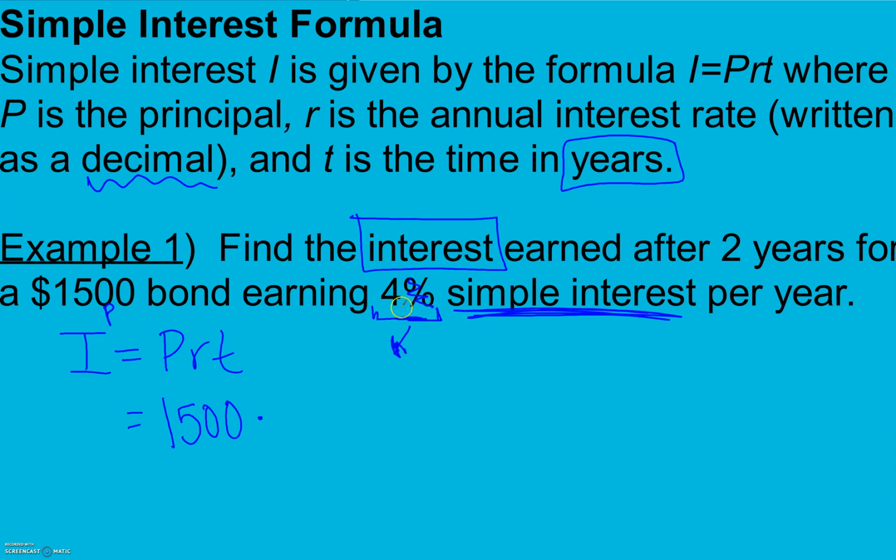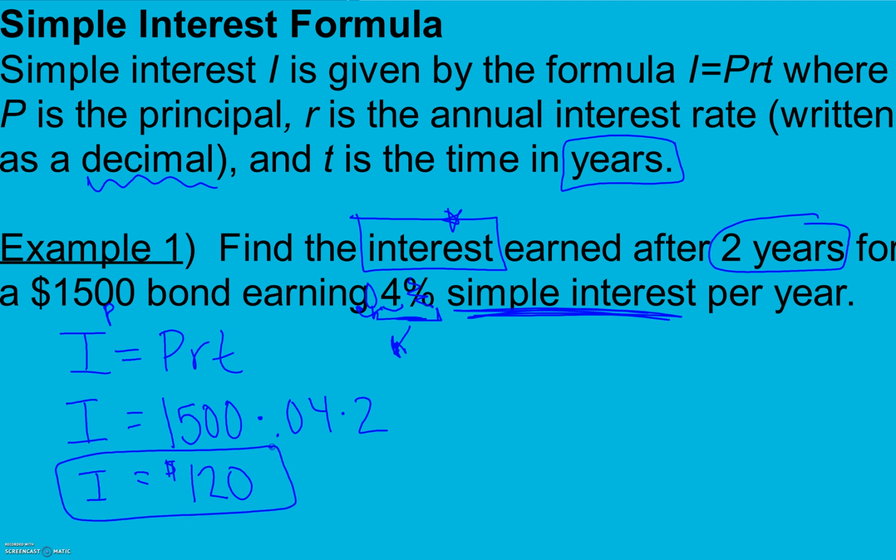So we get rid of our percent sign by moving 2 places away from it, 0.04, and our time is in terms of years, and here it already is. We multiply here, and we get $120. So the amount of interest earned was $120.